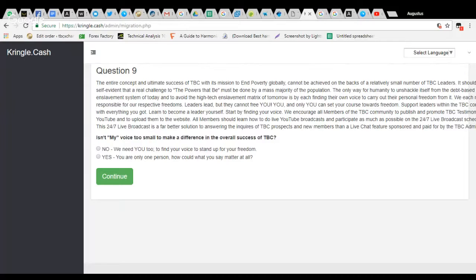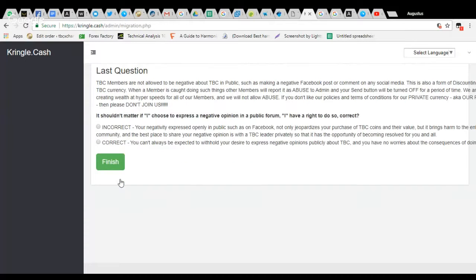The only way for humanity to unshackle itself from the debt-based enslavement system of today and to avoid the high-tech enslavement matrix of tomorrow is by each finding their own voice to carry out their personal freedom from it.